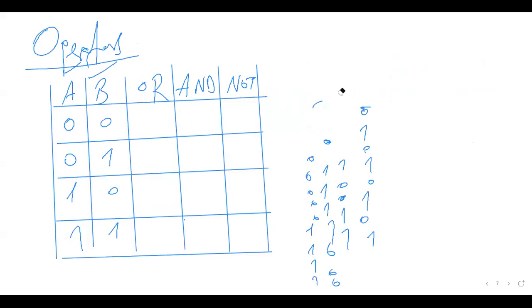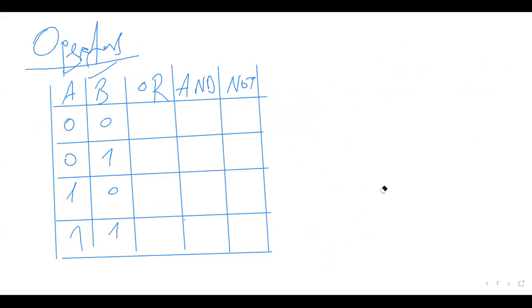Going to the design part, AND gate. What does it look like? We start with OR. If I have 2 inputs, the OR gate looks like this, with 1 output.